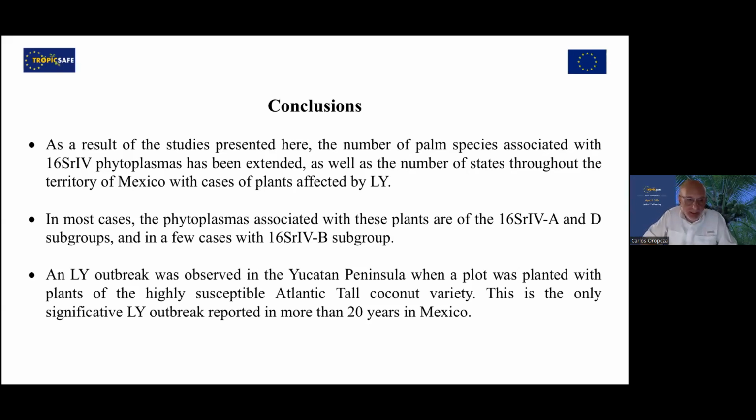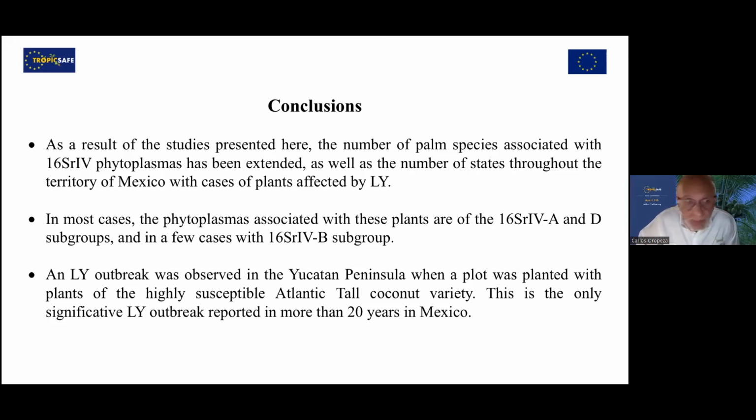There was an outbreak in the peninsula of Yucatan. And as I said, this was established with very highly susceptible materials. And most of them were lost. And this is significant because this is the first outbreak observed within 20 years.